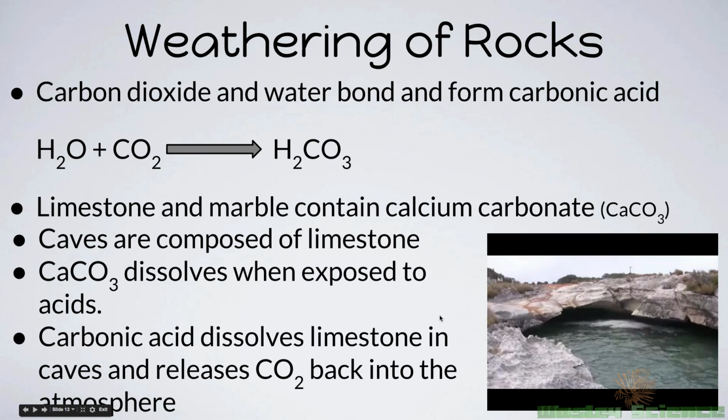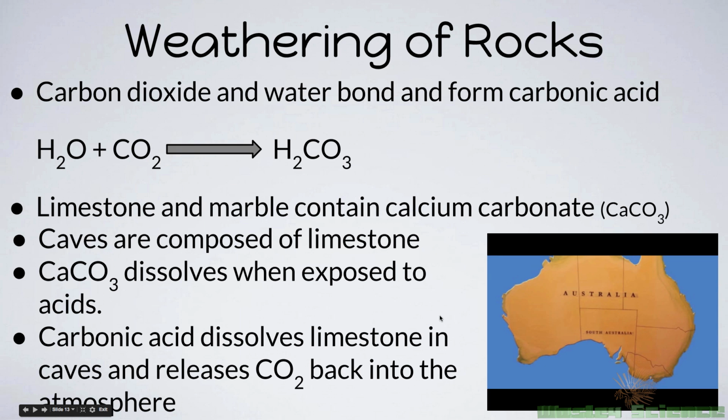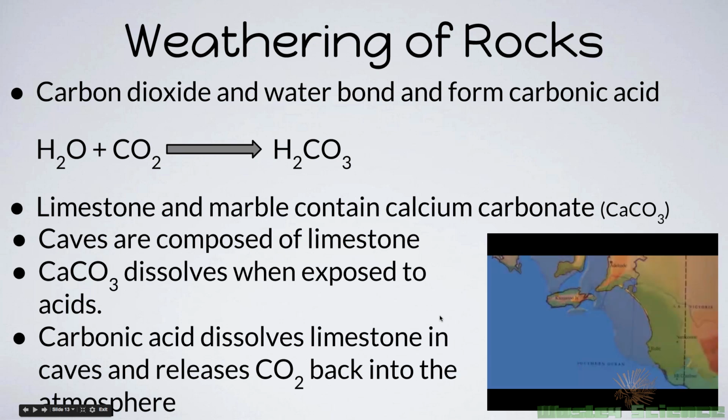All right, now on to weathering of rocks. So we've been discussing for a while that magical rock known as limestone. Limestone has calcium carbonate, which is CaCO3, and limestone is a chemical sedimentary rock.